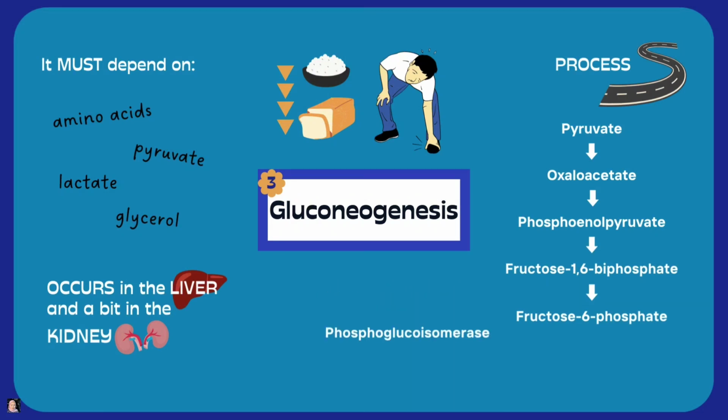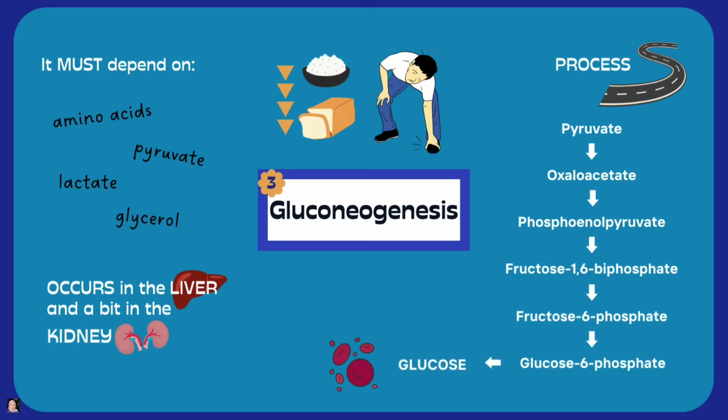The enzyme phosphoglucoisomerase converts fructose 6-phosphate to glucose 6-phosphate. Glucose 6-phosphate loses its phosphate group, yielding free glucose, which enters the blood. The enzyme involved is glucose 6-phosphatase.